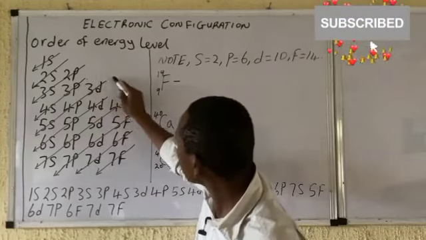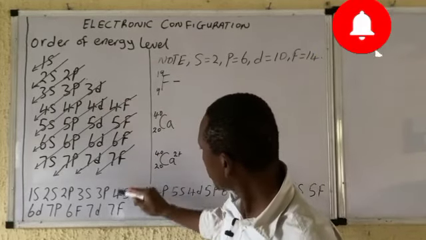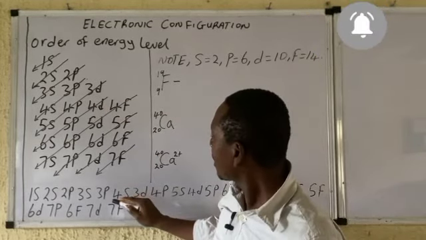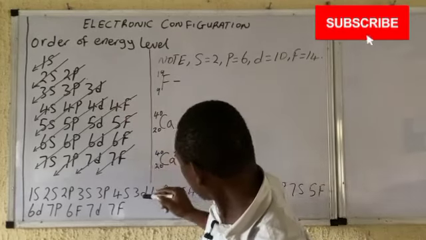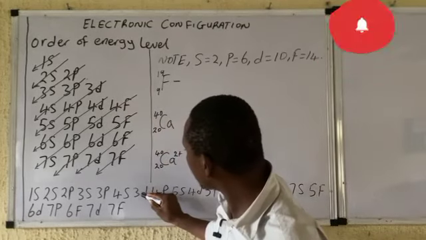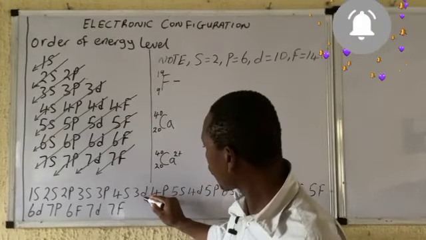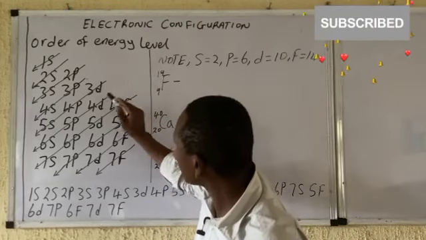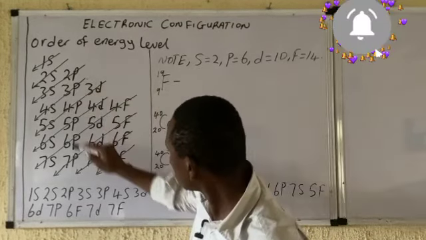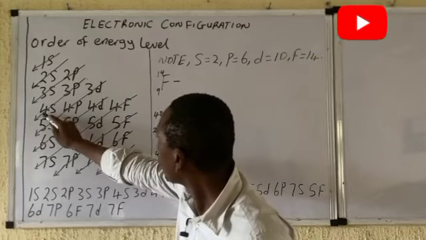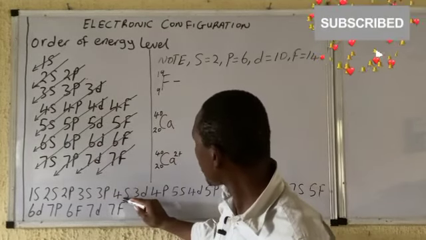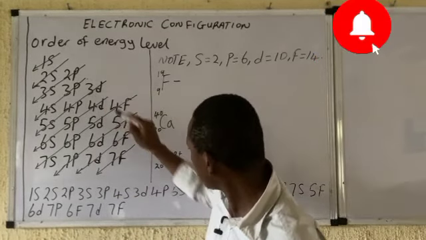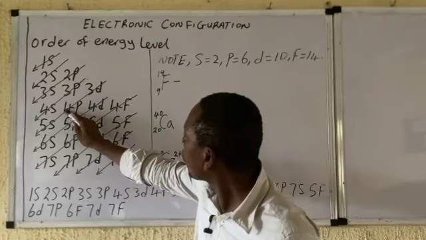Then we are done with this place. The next is 3d. Realize that the 4s actually comes before the 3d. So, note again: 3p, 4s, before 3d, 4p.